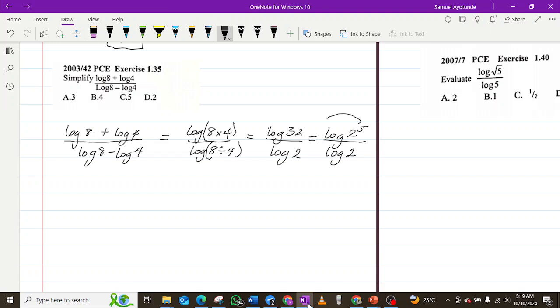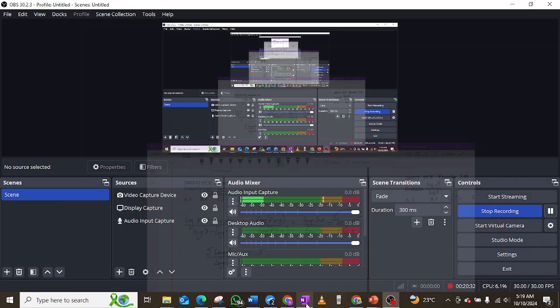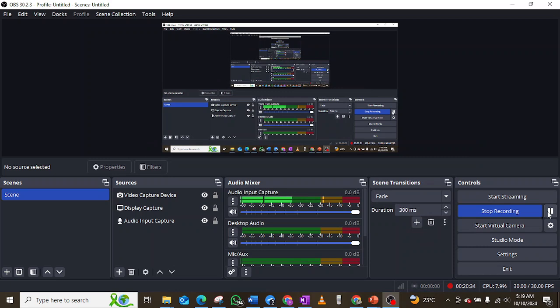We bring the power 5 to become the coefficient. So we have 5 log 2 all divided by log 2. From here, log 2 will cancel out log 2, and our answer is equal to 5. So that's the second example.